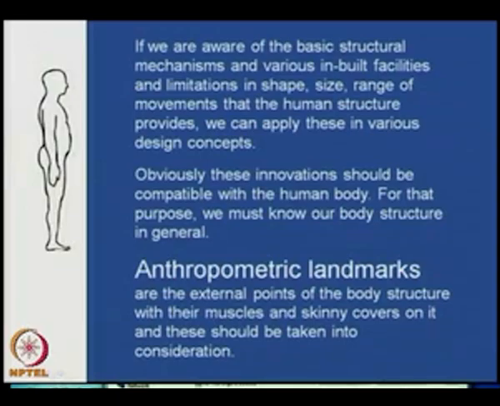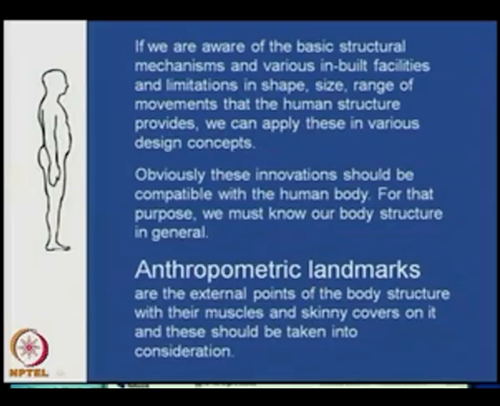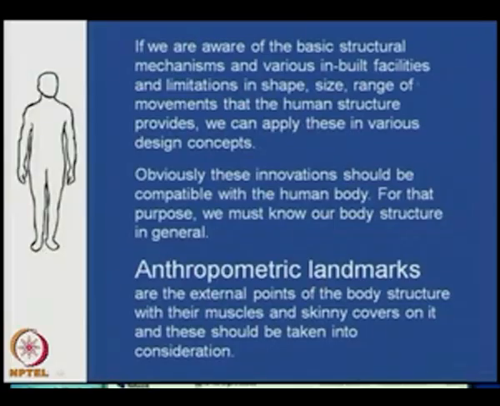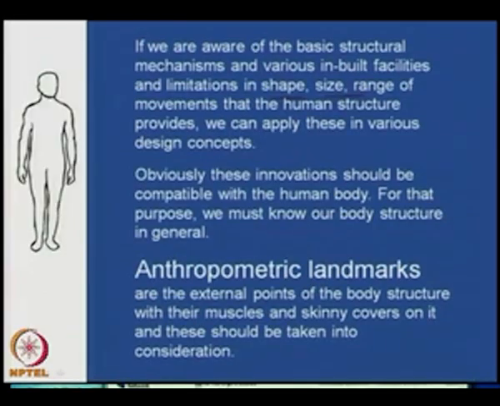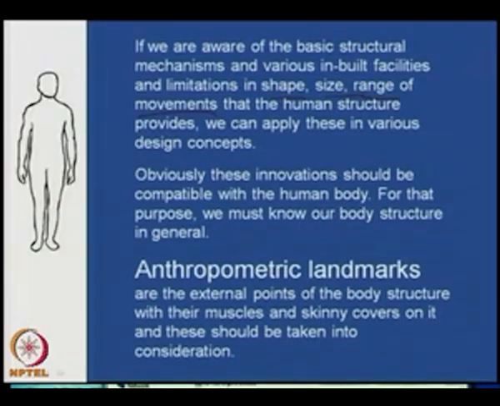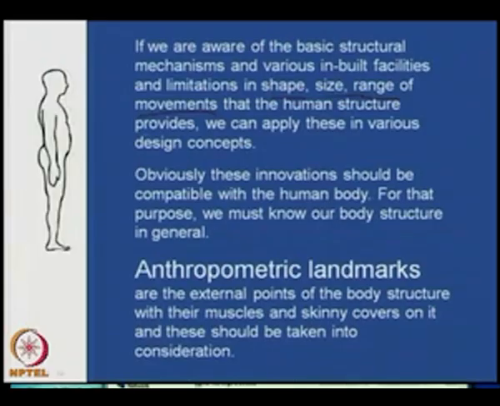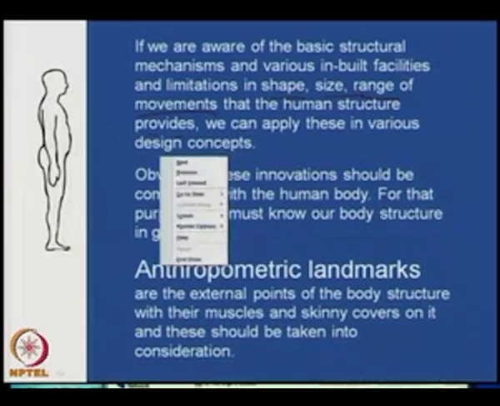Now, if we are aware of the basic structural mechanism and various inbuilt facilities and limitations in shape, size, range of movement that the human structure provides normally, we can apply these in various design concepts.